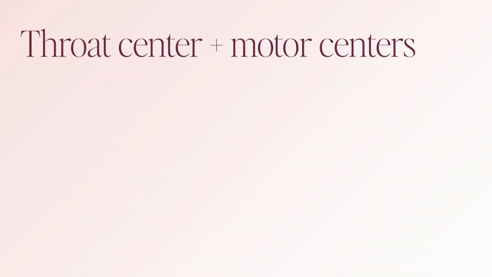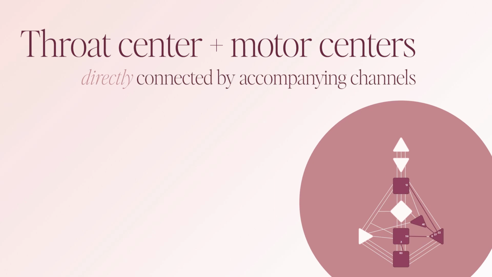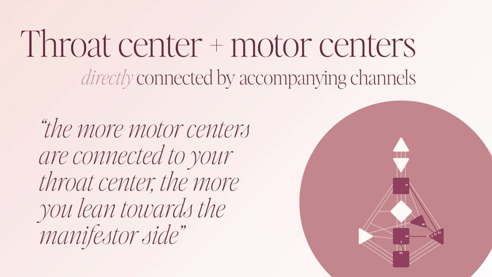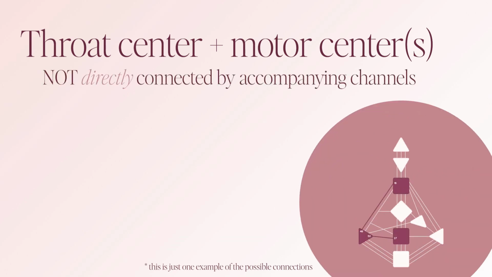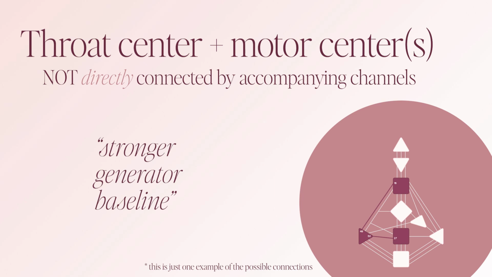If you have multiple motor centers connected to the throat center, that also means you will have more manifestor urges. If your motor center is not directly connected to the throat, there is another center in between somehow, just like the example of the spleen, that means you'll have a stronger generator baseline.